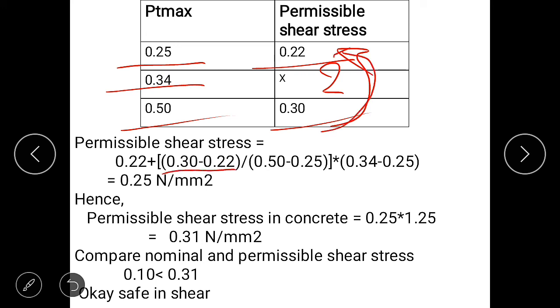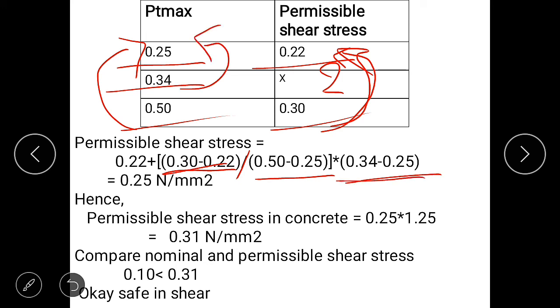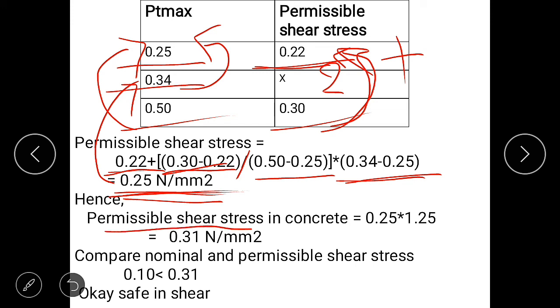First 0.30 minus 0.22, second step is divided by 0.50 minus 0.25, multiplied by 0.34 minus 0.25, and adding 0.22 to all these values. So for 0.34 the permissible shear stress in concrete is 0.25.